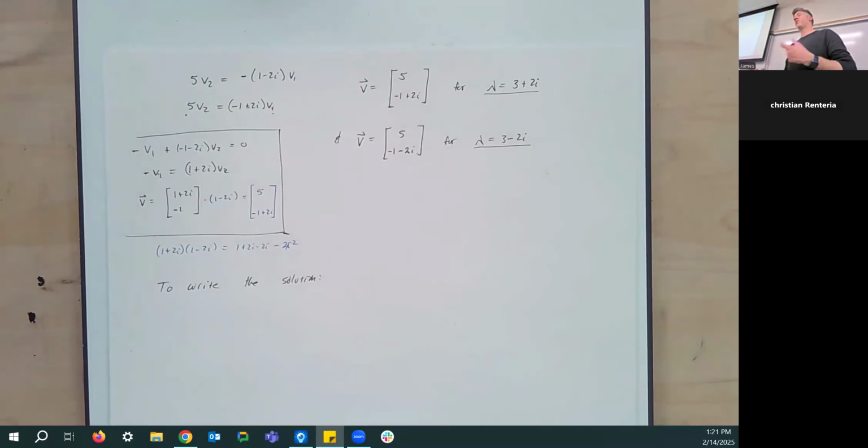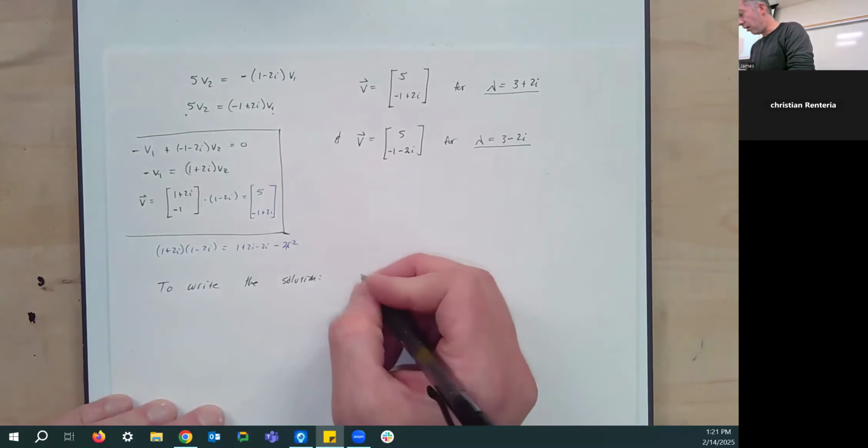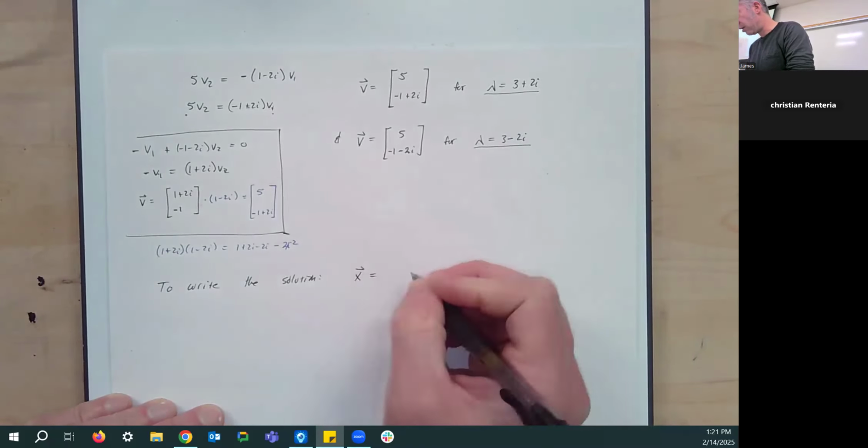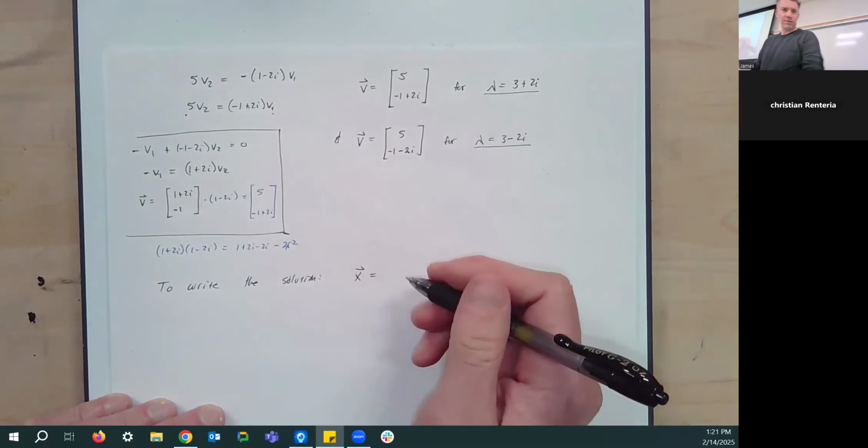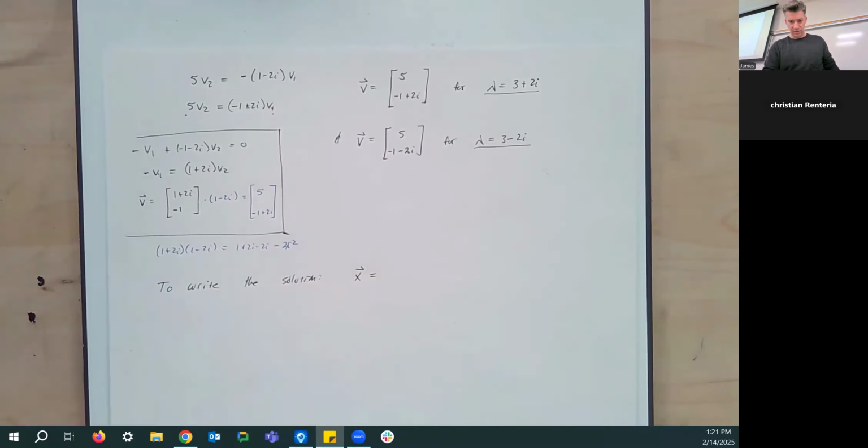So when I start throwing this into my e to the lambda t times v, I don't need both of them. I feel like I'm getting ahead of myself a little bit. Let me do it and then I'll circle back to why we didn't need both of them. Let me double check I'm not making a dumb error here. Yeah, cool. I'm good to go.